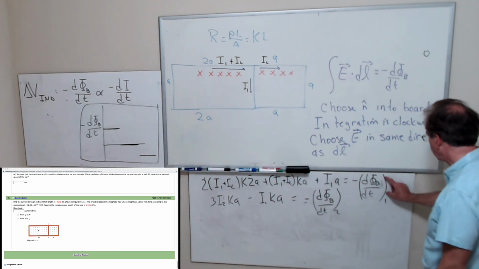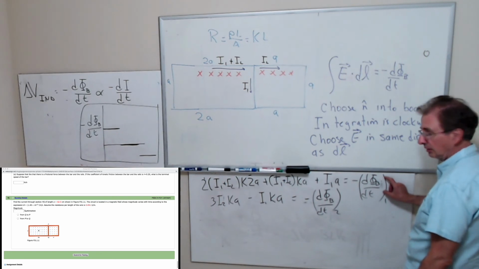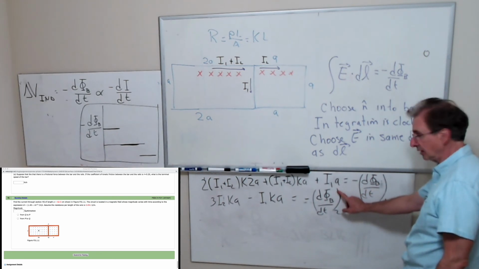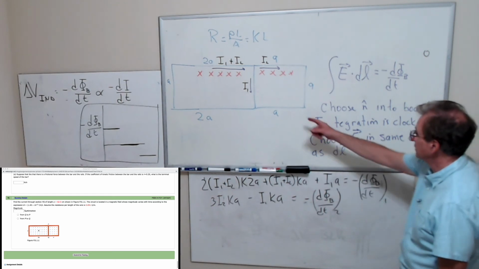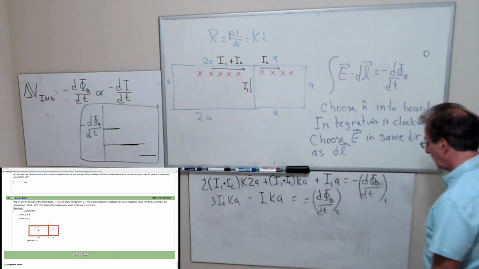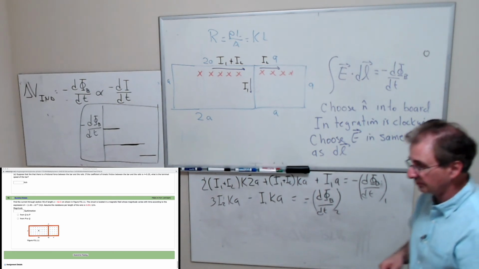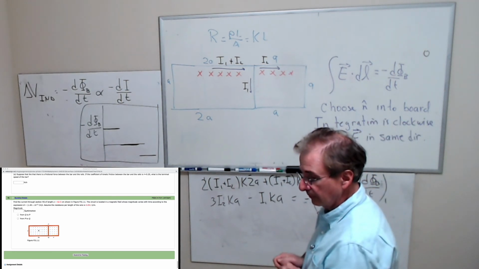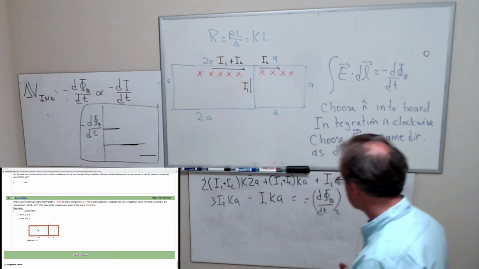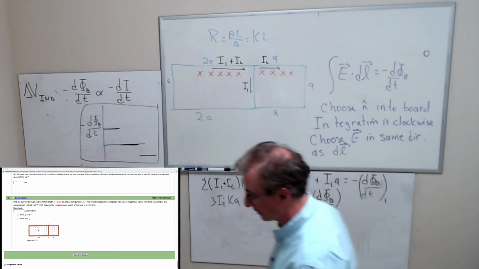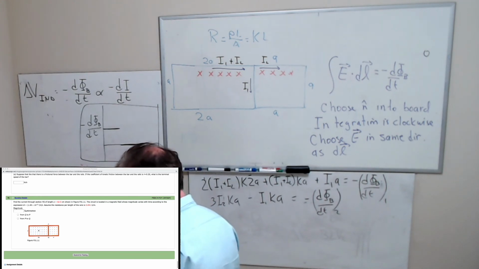Then I got to derive the expression for d phi dt here, and I derive the expression for d phi dt here. Obviously, this is going to be half of that, because this has half the area. And then you have 2 equations, 2 unknowns. You just solve them. That's all you do. I don't want to solve the whole problem for you, but I'm just setting it up for you. Okay?